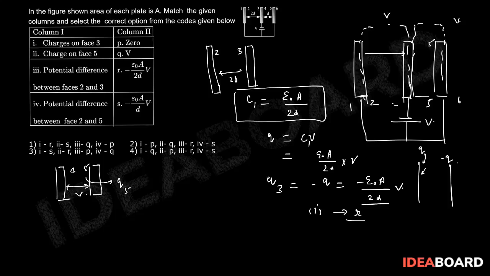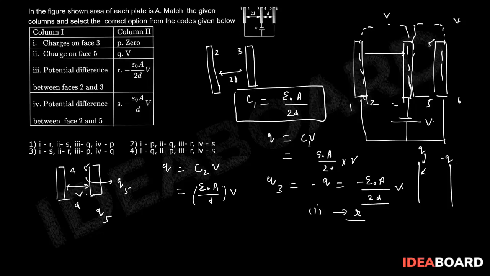We know that the potential drop is V, which is because of the battery supplied. Now we can say that Q will be equal to, for this capacitor system, C2 into V. So what is the value of C2? That will be epsilon naught A by D, because distance of separation is right now D, into V.